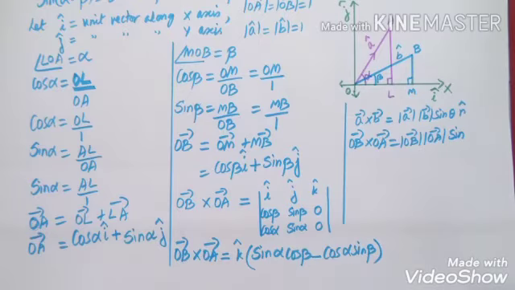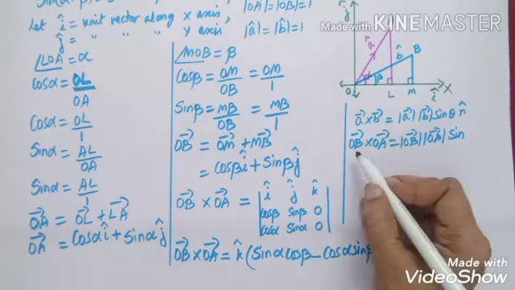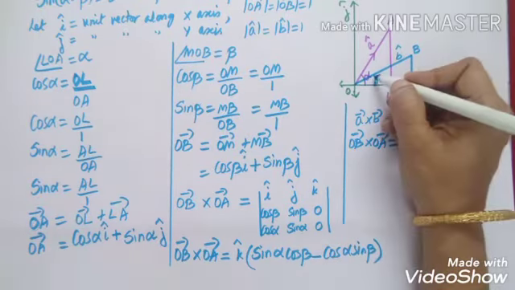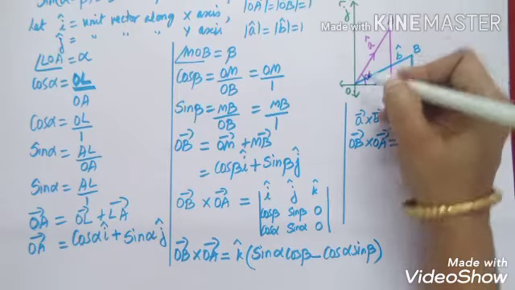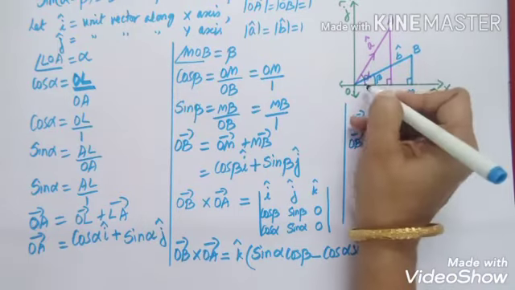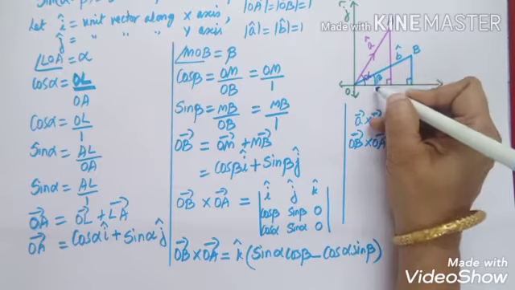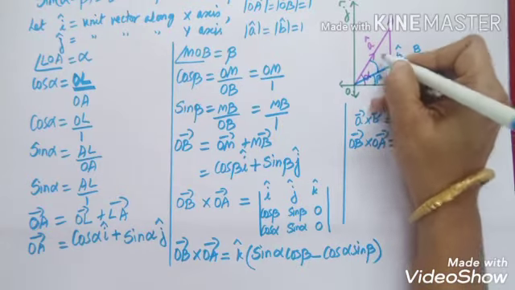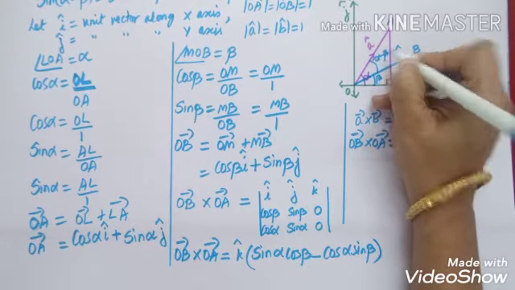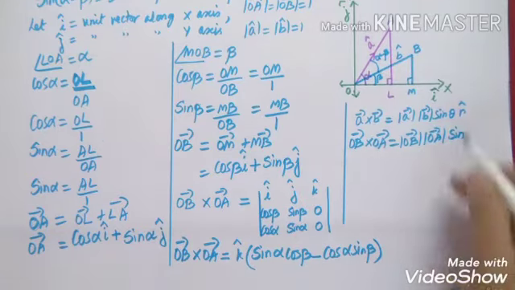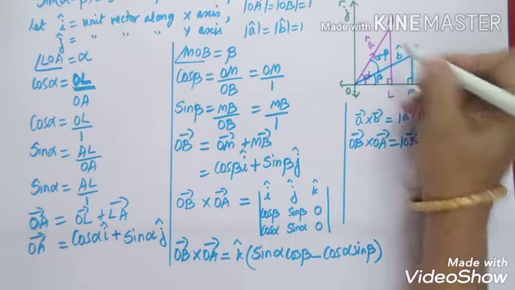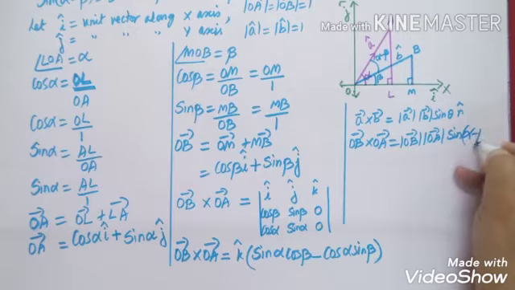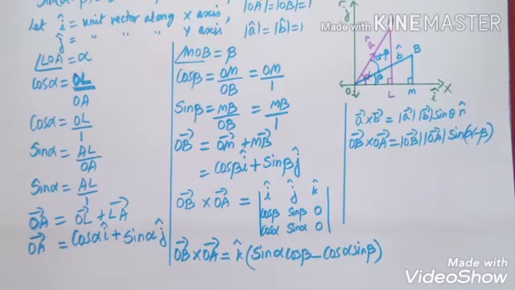What is the angle between B and A? B is making beta, A is making alpha. Bigger angle alpha, smaller angle beta. So what is in between? I will say alpha minus beta. So the angle between B and A is alpha minus beta.